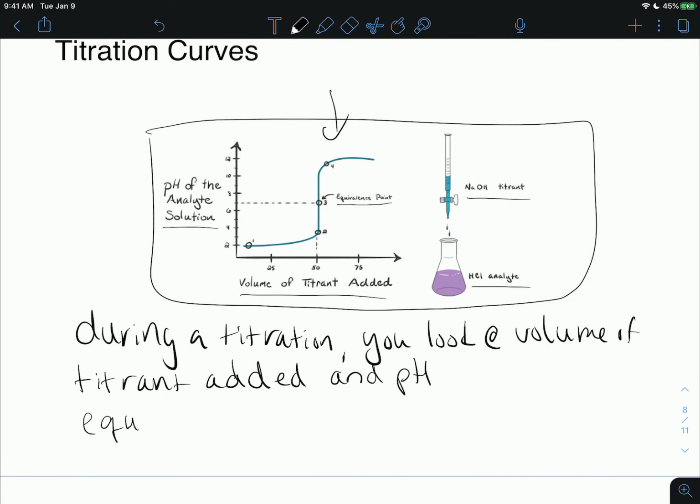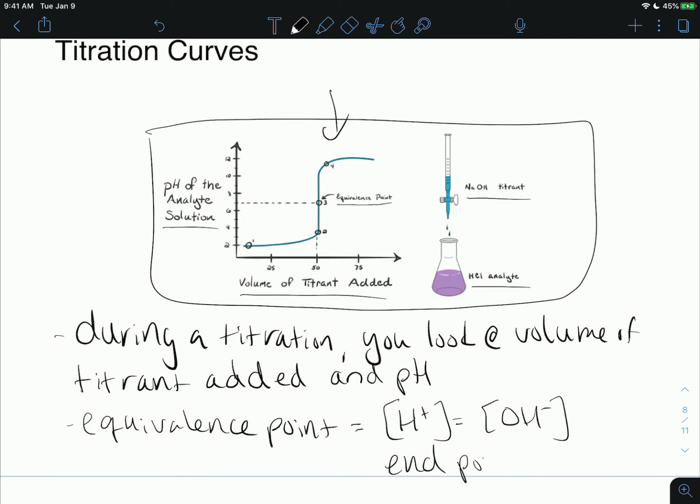So the equivalence point is when our H plus ion concentration is equal to our OH minus ion concentration, and we have reached our end point. So this is when we're stoichiometrically equivalent between the two. A lot of times you will continue beyond there to see a full titration curve. So you won't stop just here. You'll want to actually see this whole funky curve.